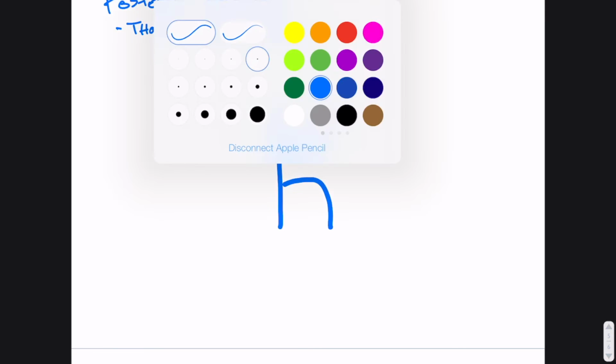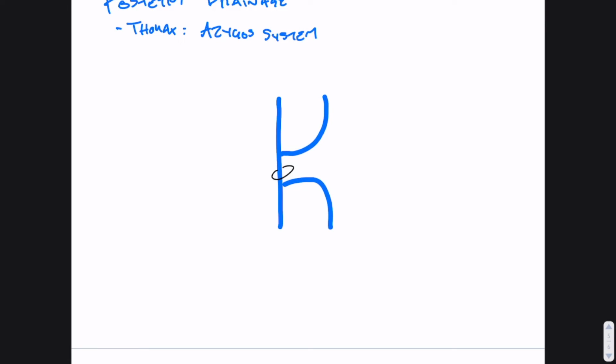We're going to label some of these vessels. So we have this guy here. We call this the azygos vein. Azygos means unpaired. So we can see it looks like a K, so it's not symmetrical. That's what azygos is referring to. We have this one over here, which is called the accessory hemiazygos.